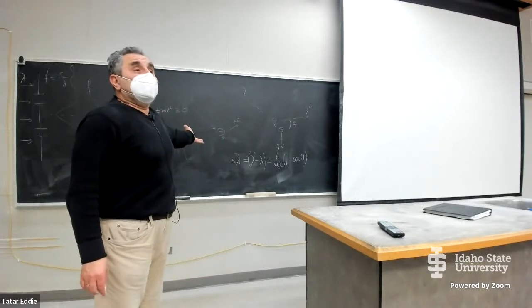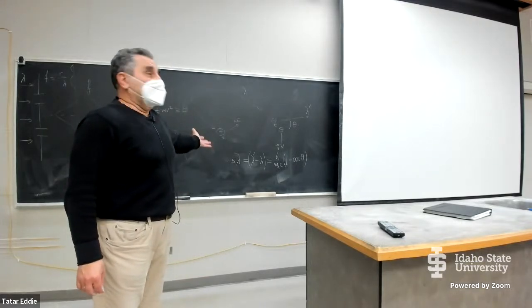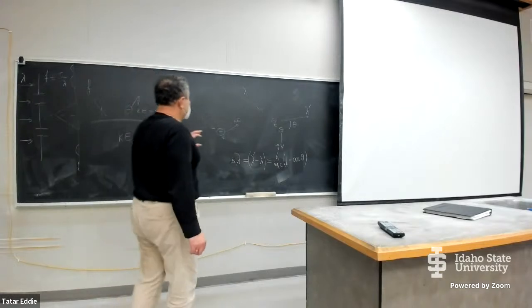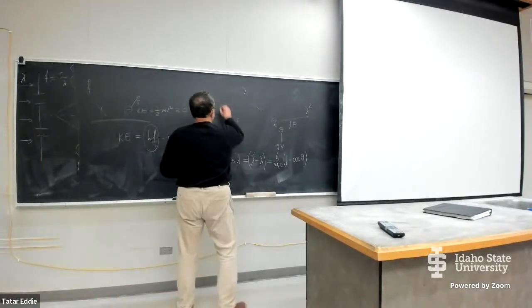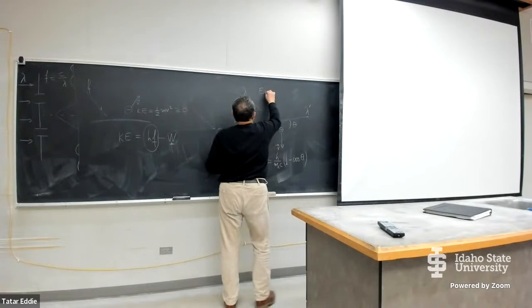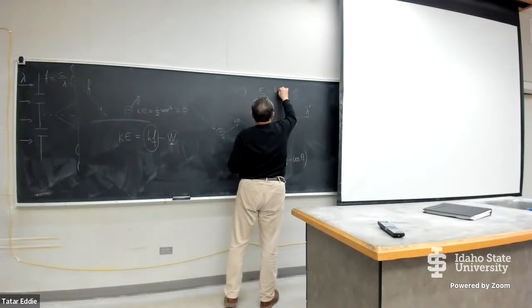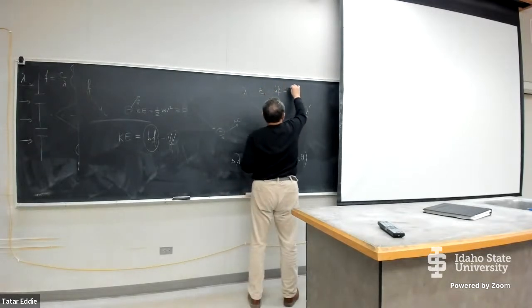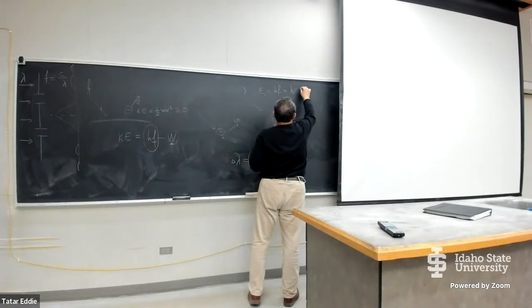This is a practically classical calculation which assumes that the photons carry energy E of one photon, h times frequency, or h times, instead of frequency, c divided by lambda.